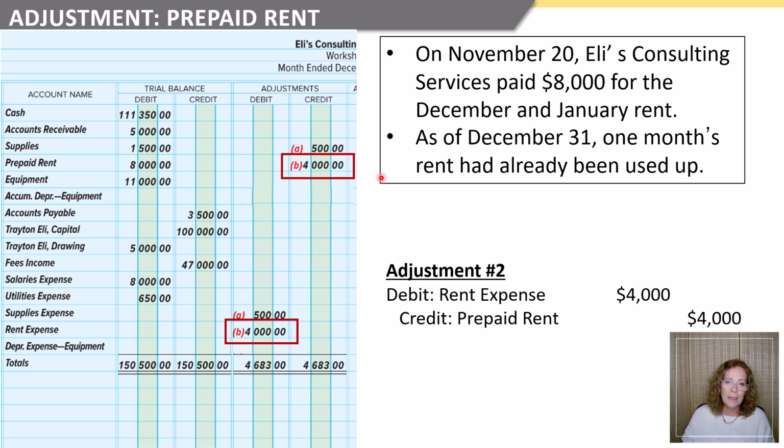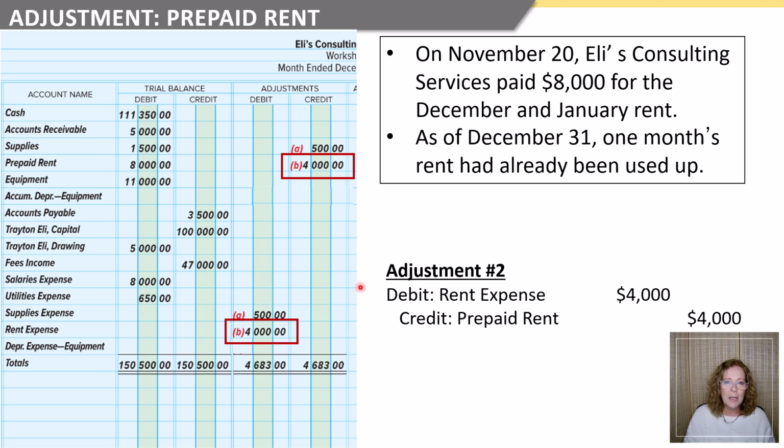We now have more rent expenses and less prepaid rent. So rent expense increased and prepaid rent decreased. Rent expense is an expense account, and expense accounts increase with debits. Okay, so we need to debit rent expense. Prepaid rent is an asset account, and asset accounts increase with debits and decrease with credits.